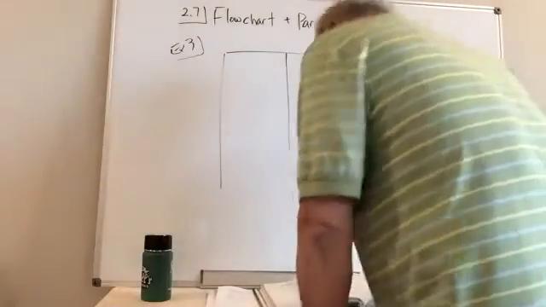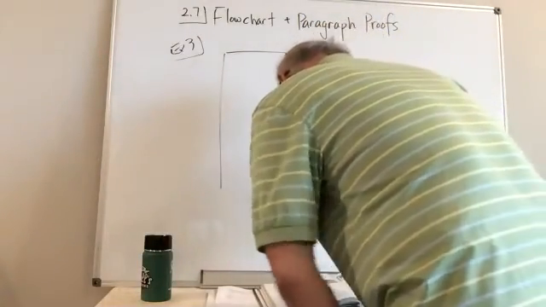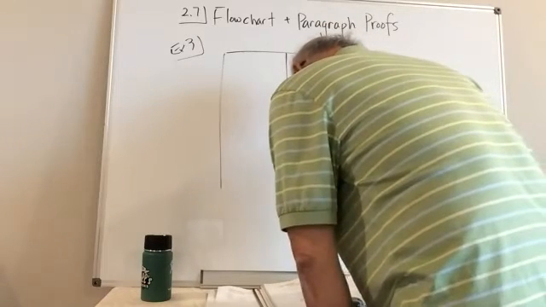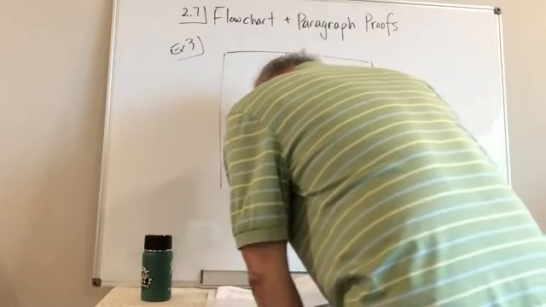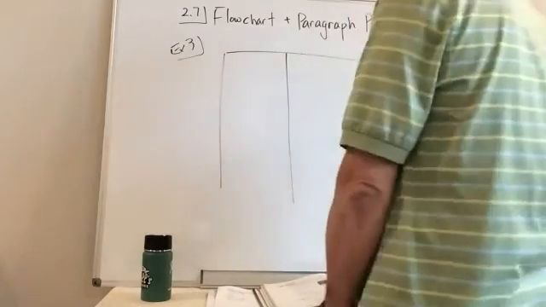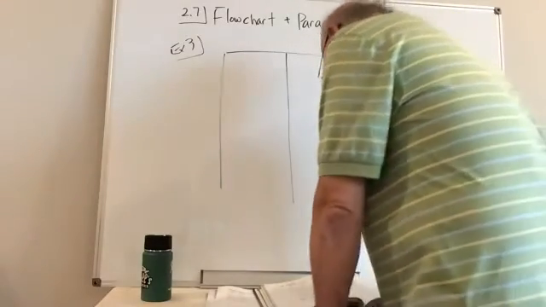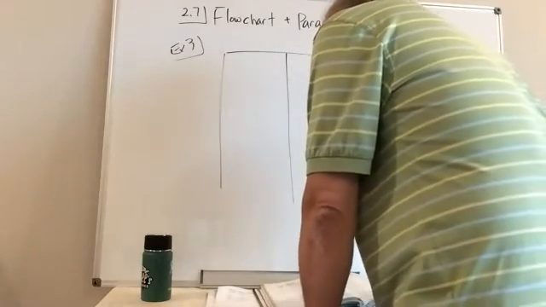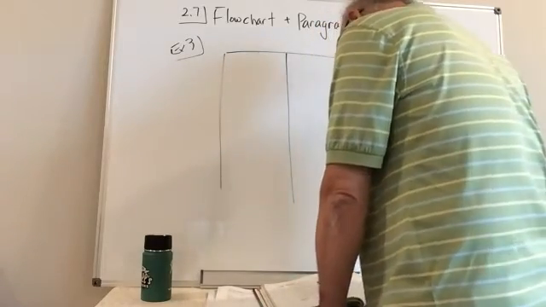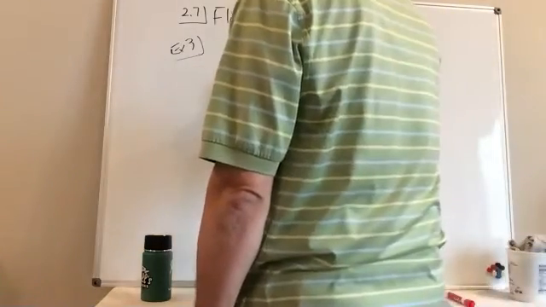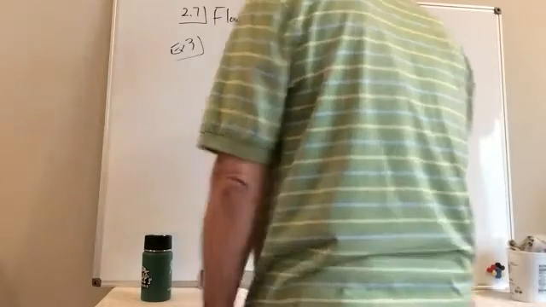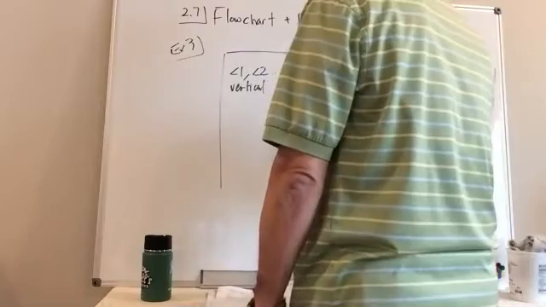So let's read. It says, given that angle 1 and angle 3 are vertical angles, prove that angle 1 and angle 3 are congruent, okay? So the paragraph proof says, angle 1 and angle 3 are vertical angles, so they are formed by intersecting lines. The first thing we're going to write is that angle 1 and angle 3 are vertical angles, and that was given to us.